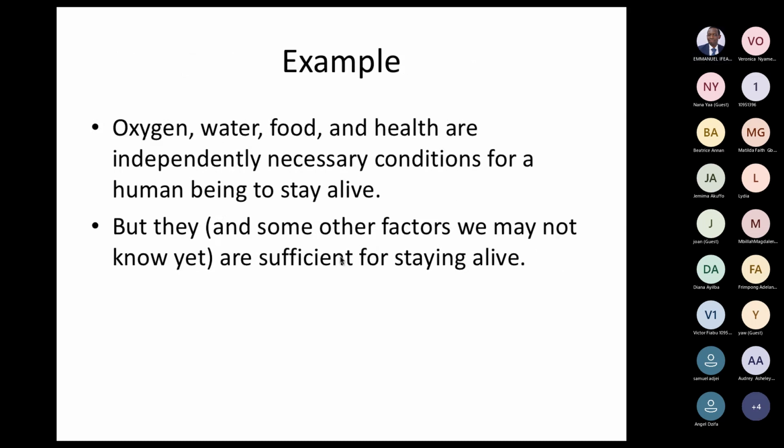We said, for instance, that oxygen, water, food, and health are independently necessary conditions for a human being to stay alive. But they and some other factors we may not know yet are sufficient for staying alive. So a sufficient cause is usually a collection of a number of necessary causes.